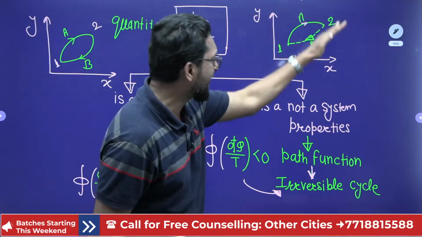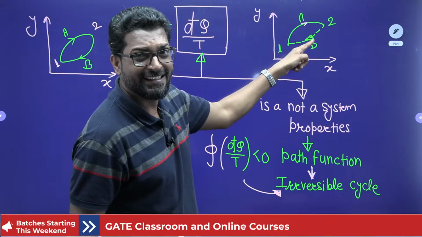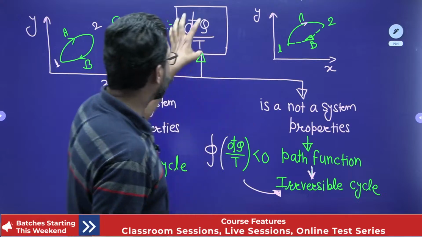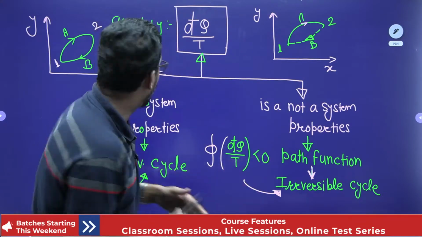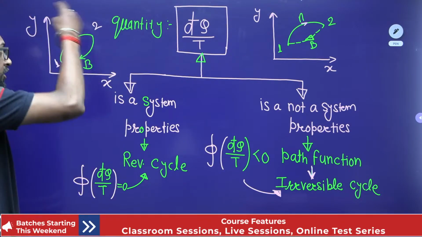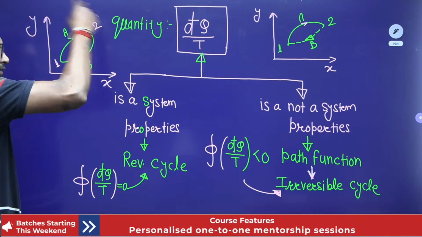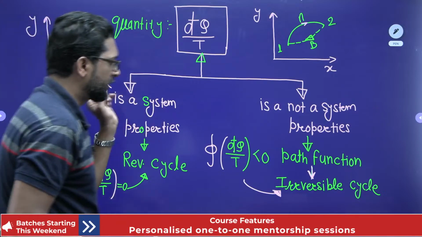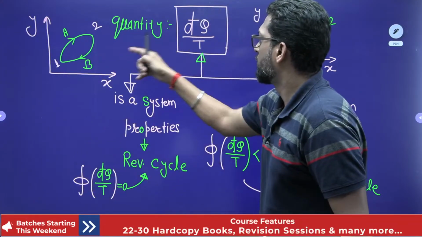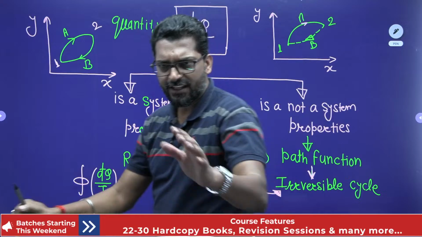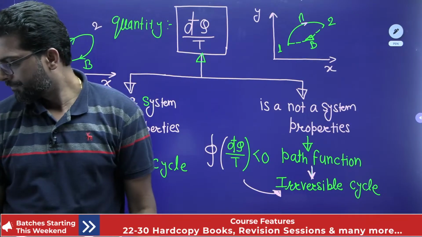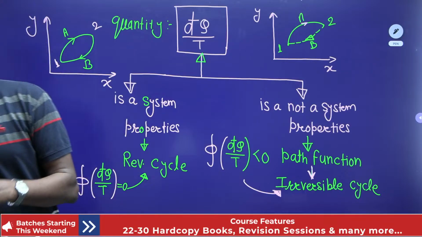That means for a cycle, if one process is irreversible, the whole cycle is irreversible. In that sense, this quantity is not a property. But for the reversible cycle, if this quantity is 0, then in that sense, this is a property. Is it clear?